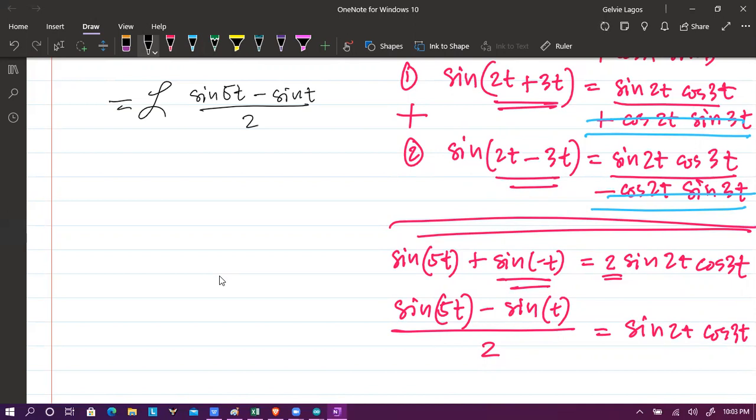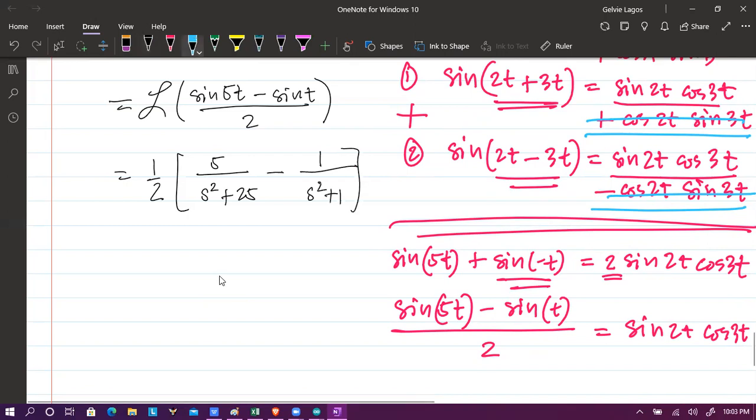Now if you take the Laplace transform of each term, since 1/2 is constant, we can just take that out, and the Laplace transform of sine 5t is 5 all over s squared plus 25, minus 1 all over s squared plus 1. So I think this will now be your final answer.